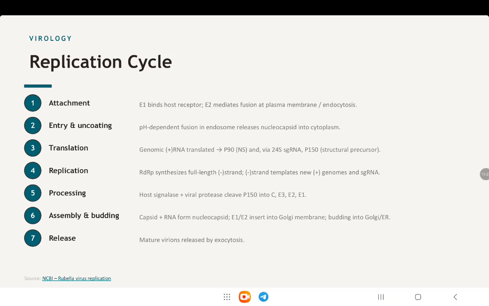Finally, new virus particles bud into the Golgi, mature, and leave the cell by exocytosis. That means the virus replicates in the cytoplasm, enters the cell by endocytosis, and is released from the cell by exocytosis.